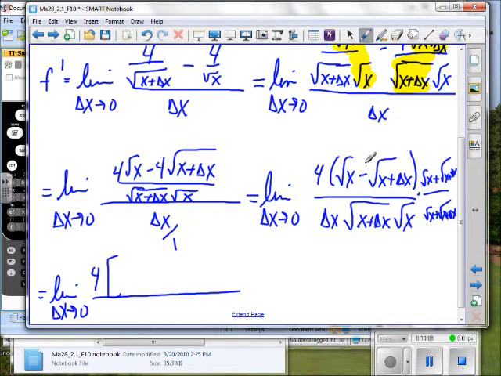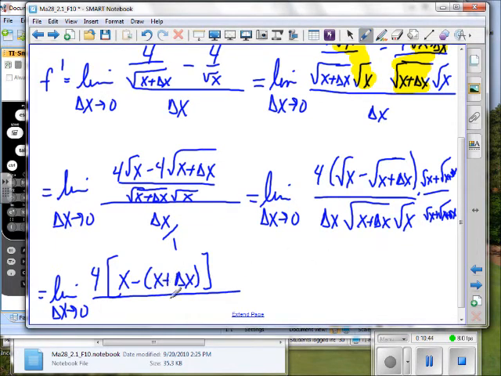If I multiply this binomial with this one, we can't really call it a binomial, but this term with this term, and they're conjugates, I end up with x minus x plus delta x. Square root of x times the square root of x is the square root of x squared, which is x. Square root of x plus delta x times negative the square root of x plus delta x is the square root of that quantity squared, which is just x plus delta x.